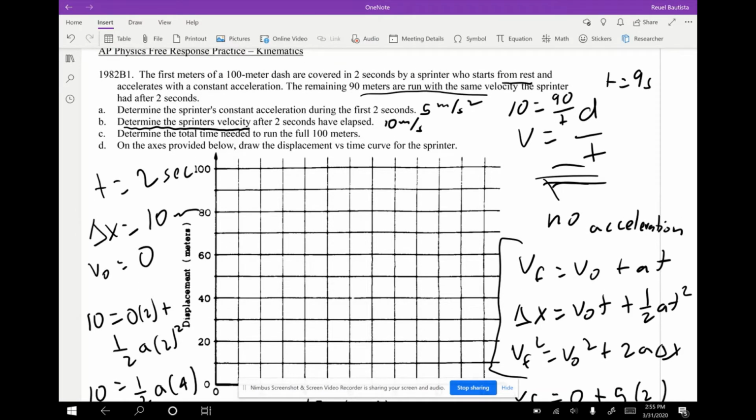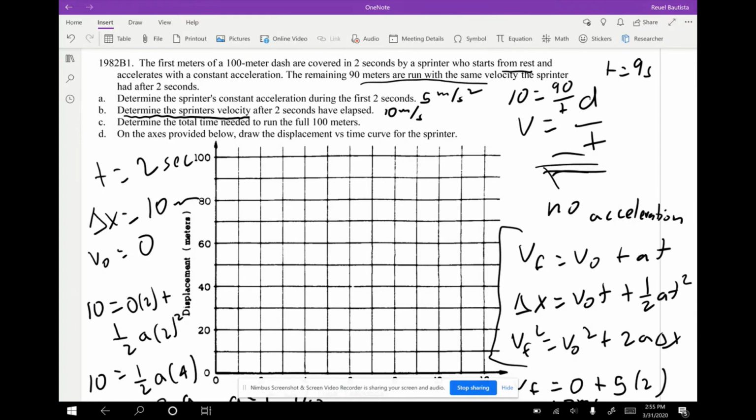Good. And we know that because the first 10 meters was run in 2 seconds, and then the rest of the 90 meters was run in 9 seconds. So 9 plus 2 is 11. It's pretty simple stuff.